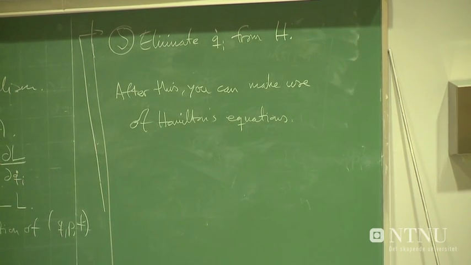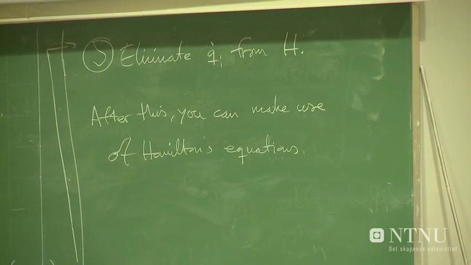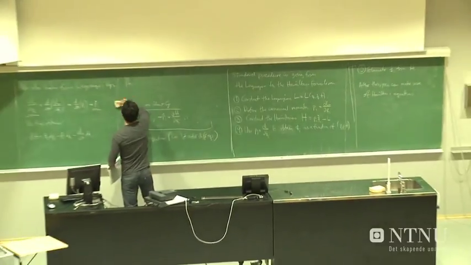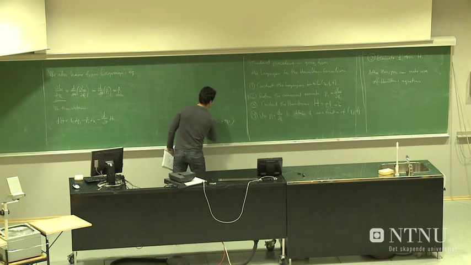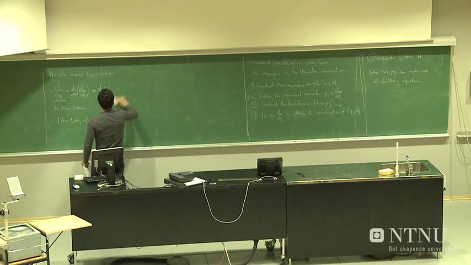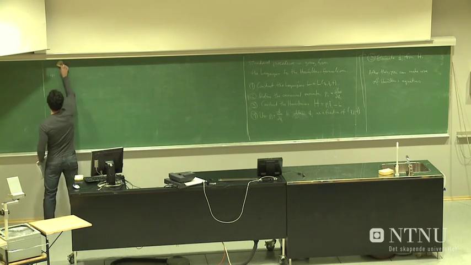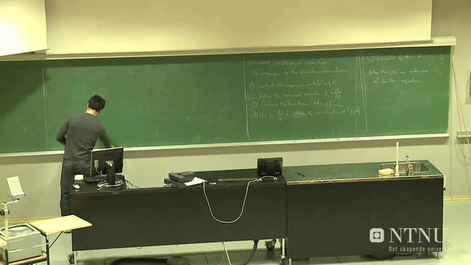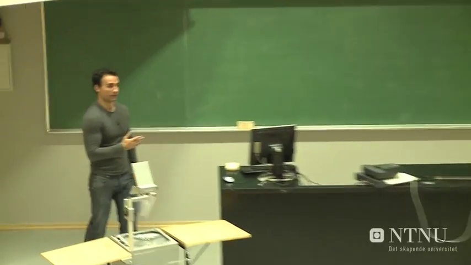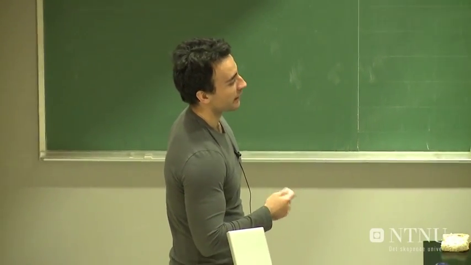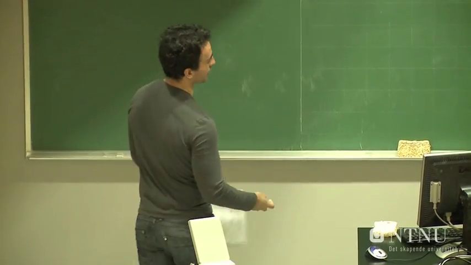And by then, we're ready to actually solve Hamilton's equations. This was the formalism. This is sort of the idea behind going from the Lagrange to the Hamiltonian formalism. So we'll have a look at a couple of practical examples for how we can do so.